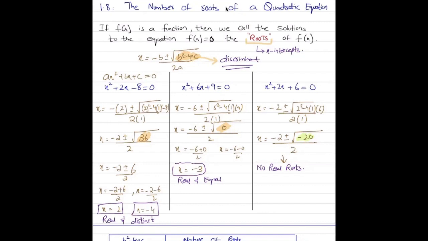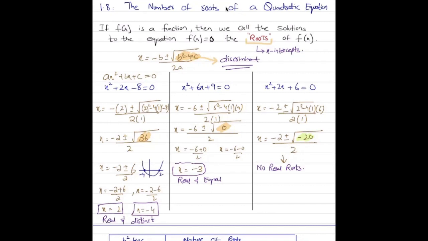Now, what is the meaning of this? If you plot the graph for the first equation, there are two different x-intercepts, -4 and 2, meaning the curve is going to intersect the x-axis at two different points.